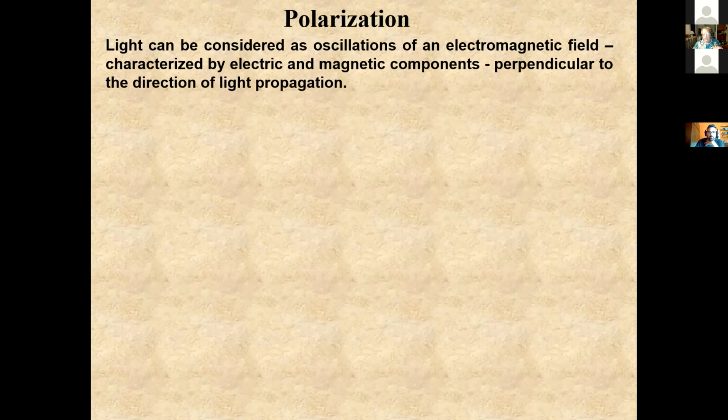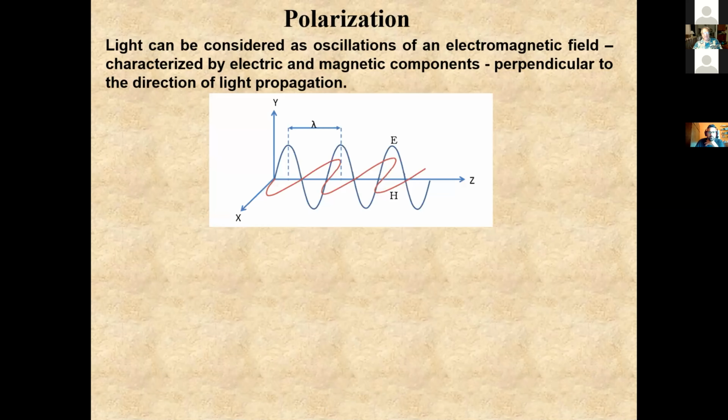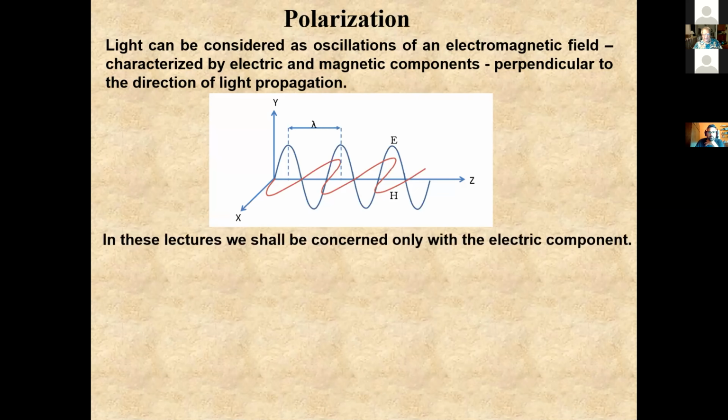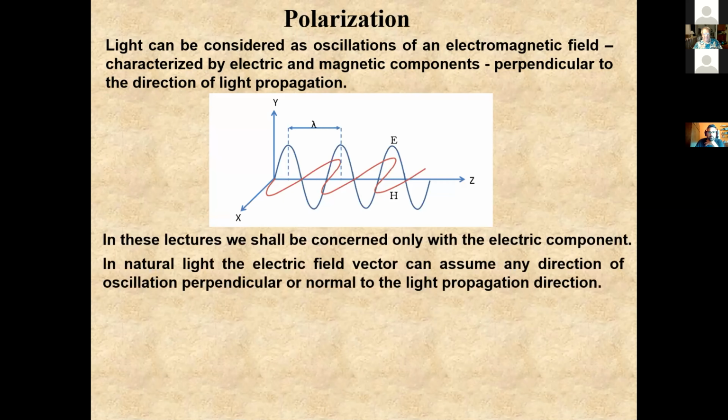And it behooves you to know the basic principles. So let's start in. We know that light can be considered oscillations of an electromagnetic field characterized by electric and magnetic components, which propagate perpendicular to the direction of light propagation. In these lectures, we're only going to consider the electric component.